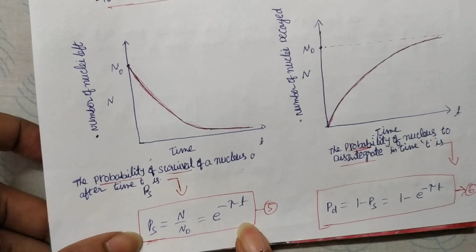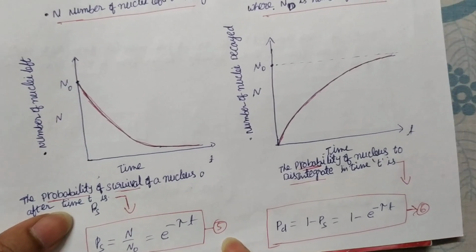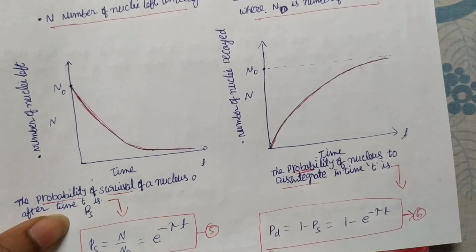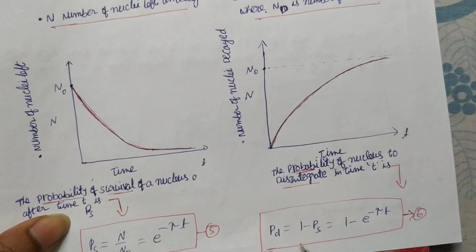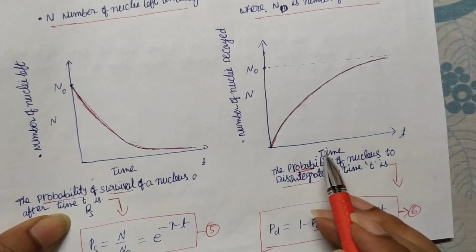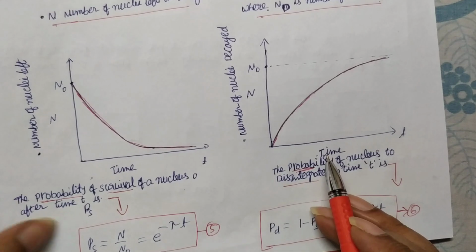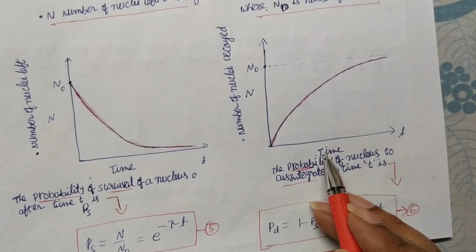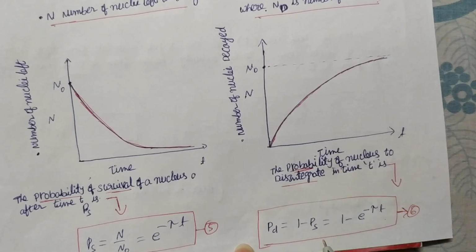And for the probability of disintegration, 1 minus the probability of survival gives the probability of disintegration. If you take a nucleus in the material, at t seconds whether it breaks or not gives the probability of decay, which is 1 minus e power minus lambda t.